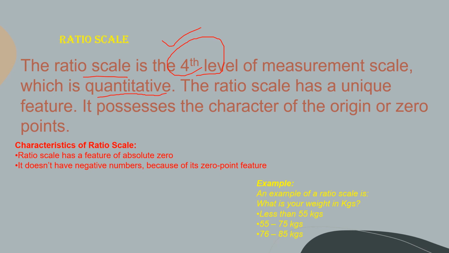The ratio scale has unique features: it possesses the character of the origin, the zero point. The main feature of the ratio scale is absolute zero, and it does not have negative numbers because of its zero point. For example, if I ask what is your weight in kgs, you can reply less than 55 kg, 55 to 75 kgs, 76 to 85 kgs.